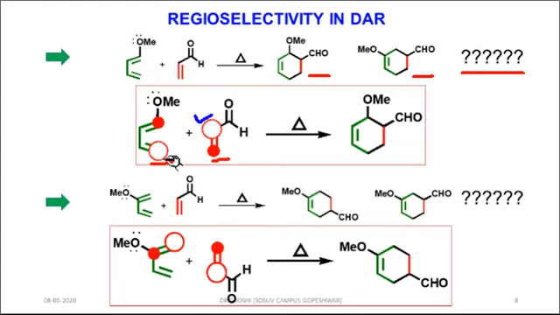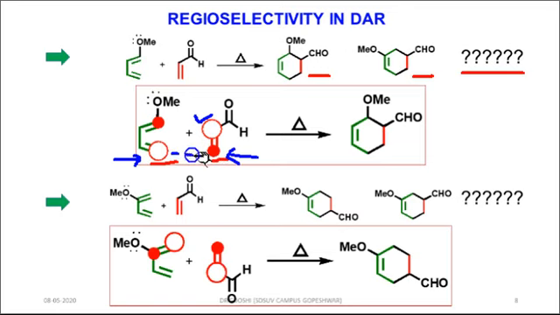Therefore, this carbon of the diene, C4, is more nucleophilic, and C2 of the dienophile is more electrophilic. Therefore, the more electronegative end can easily approach the less electronegative or electropositive end of the dienophile.